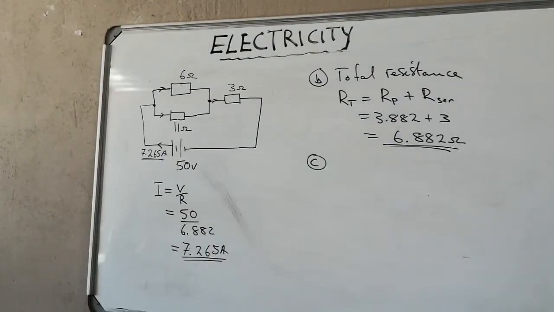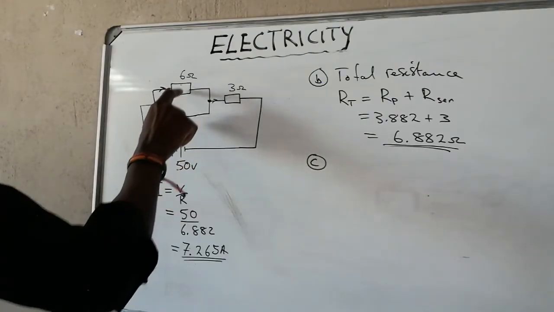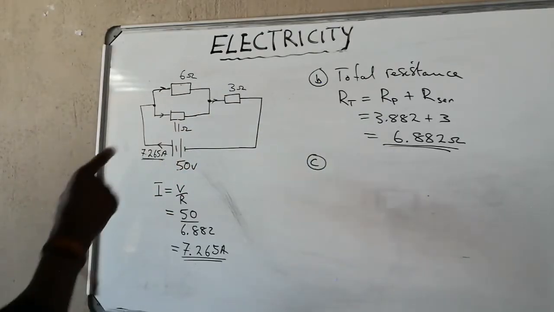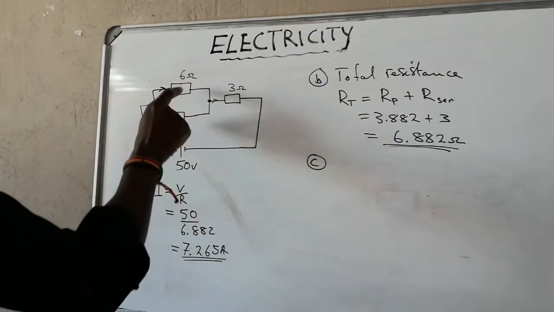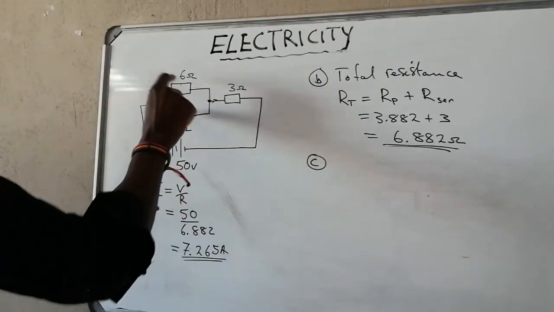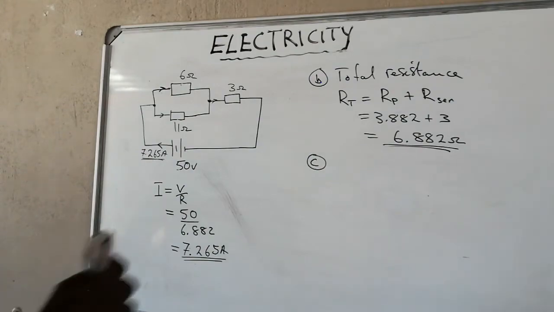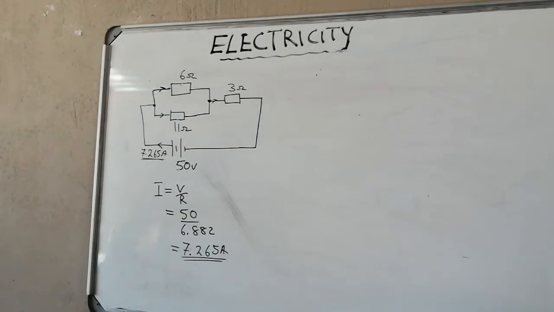So our next step is to find how much voltage is dropping across these two. Remember what we said? Voltage across the parallel is the same, but now this is a parallel with a series. So the voltage drop across the 6 and the 11 is not 50, but it is a certain amount which is the same, and we will get that amount by doing this.